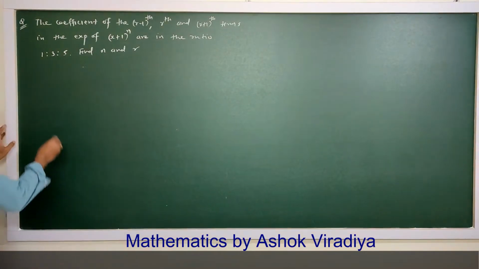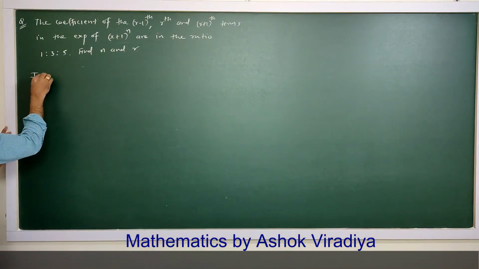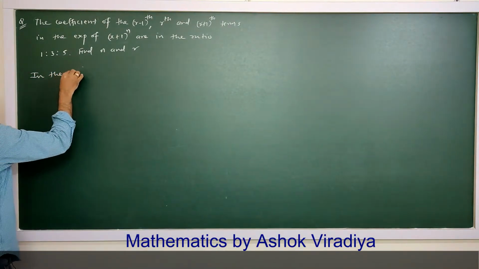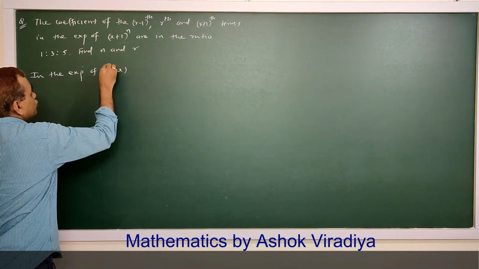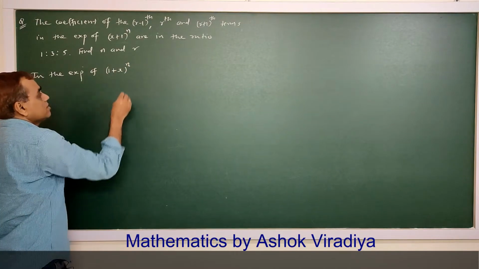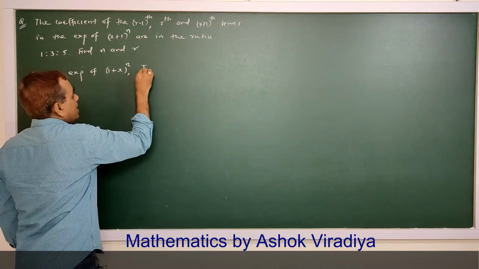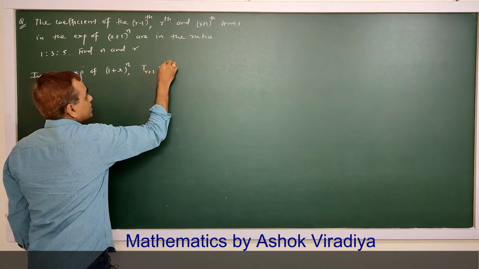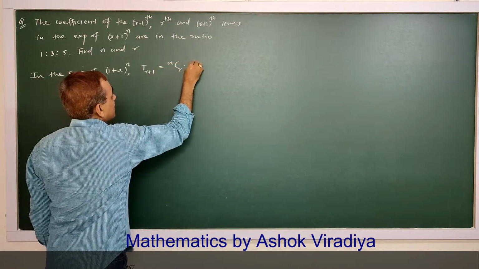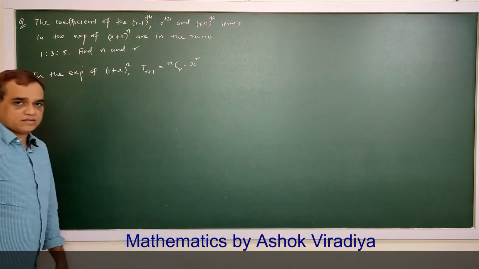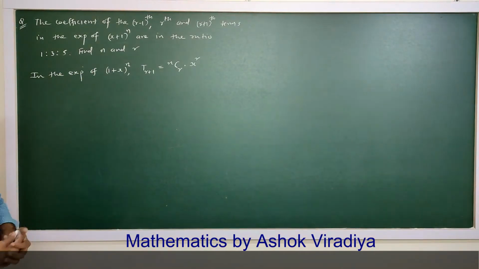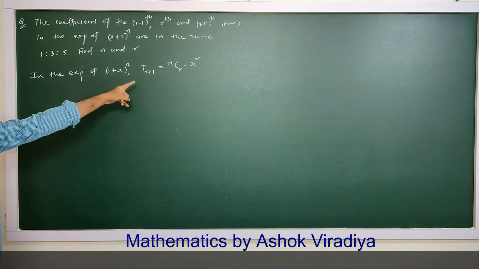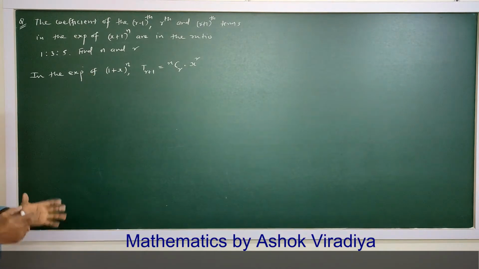See, in the expansion of (1 + x) raised to n, the (r + 1)th term is nCr x raised to r. This is the common statement, the general term, the (r + 1)th term in the expansion of (1 + x) raised to n.